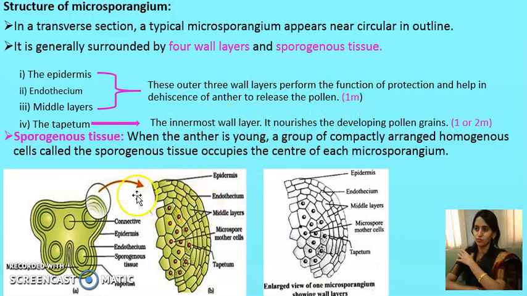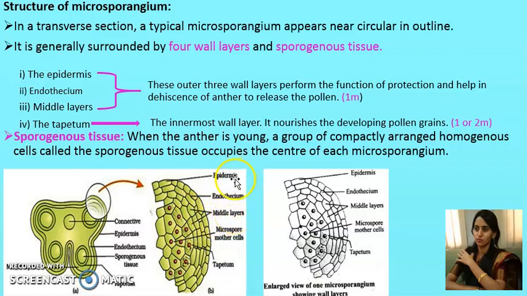Look at this image that I have taken from your textbook. This is tetragonal in nature, and this is the outermost layer, called the epidermis. Epidermis is followed by endothecium, and endothecium is followed by two to three layers of middle layers.